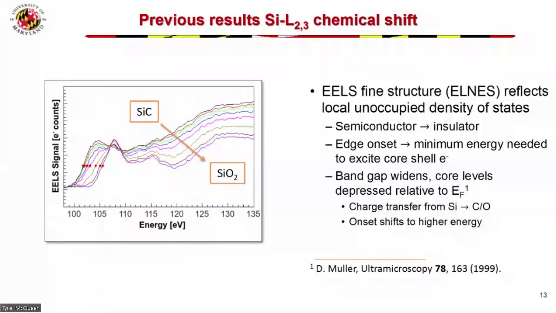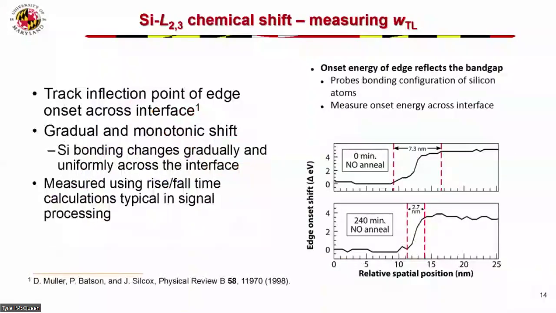And this happens over some width around the interface, basically. So that's what we use to measure. We measure the inflection point. This is how the silicon L2-3 edge shifts from pure silicon carbide to pure silicon dioxide, over some range, some width of thickness.